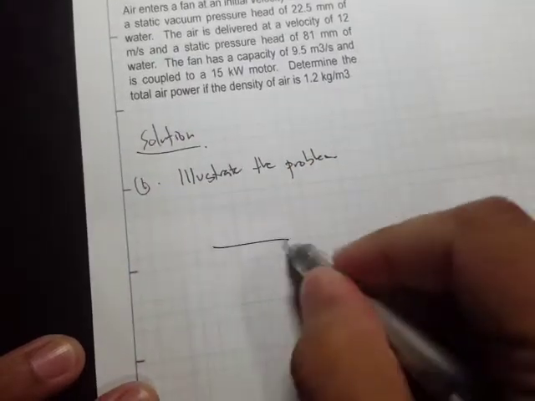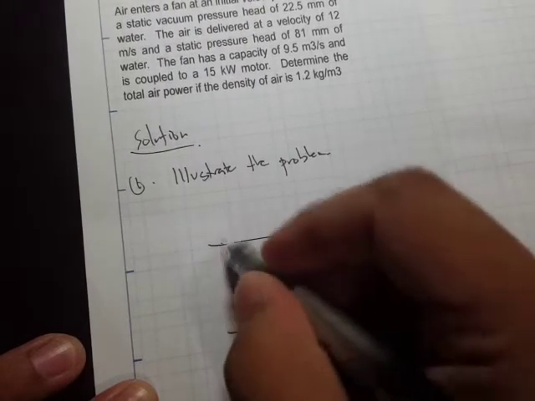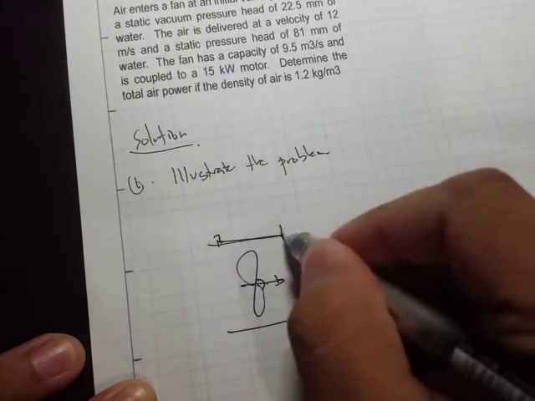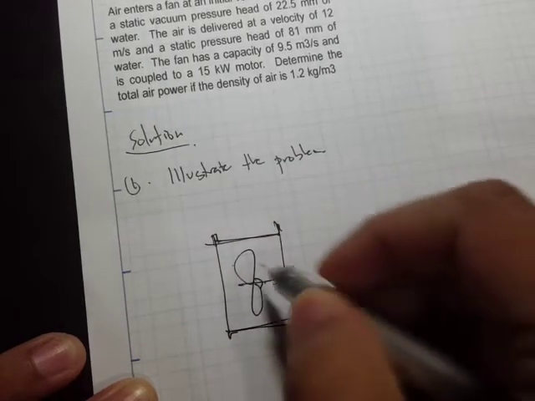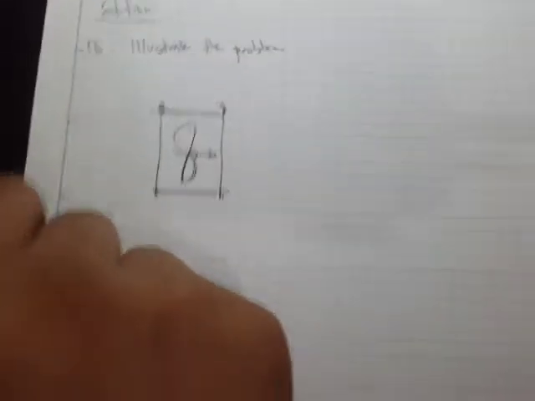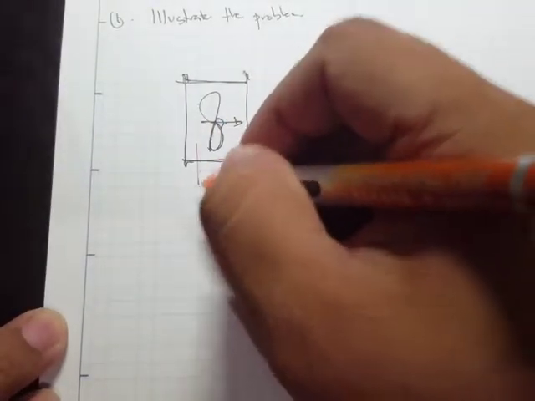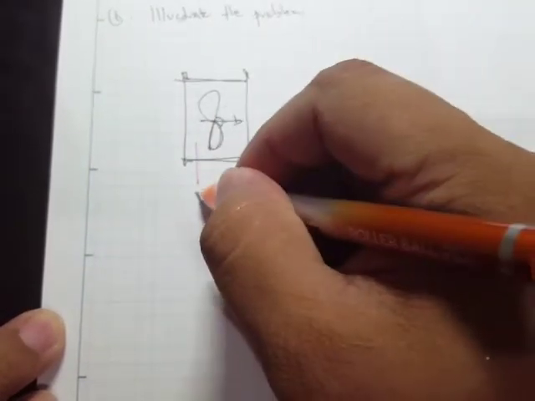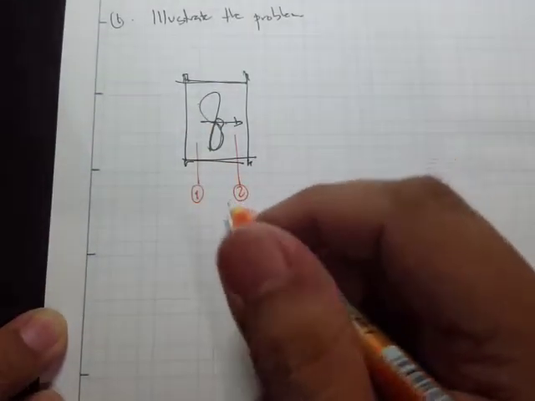So let's say here's our fan and here's our fan blades. Then of course there's going to be flow. So point one, let's say that's the suction side, and right here's the discharge side.